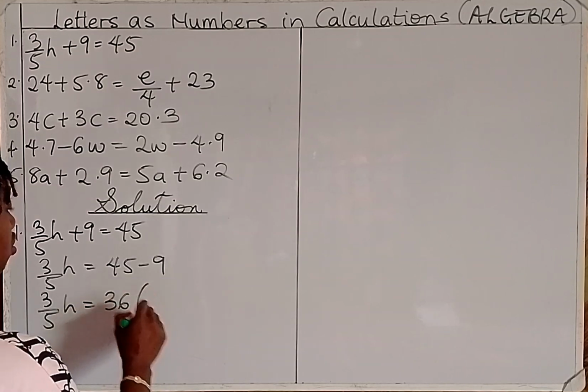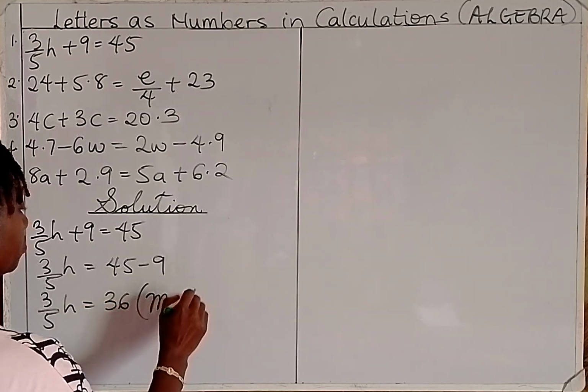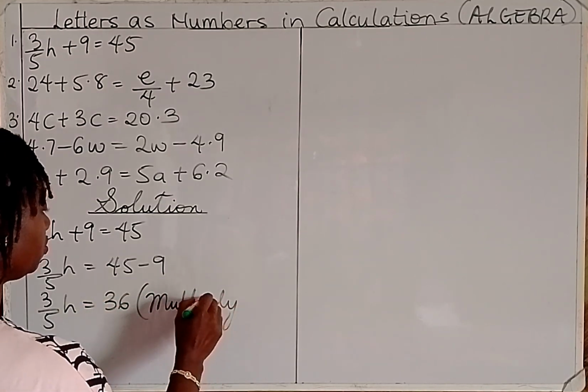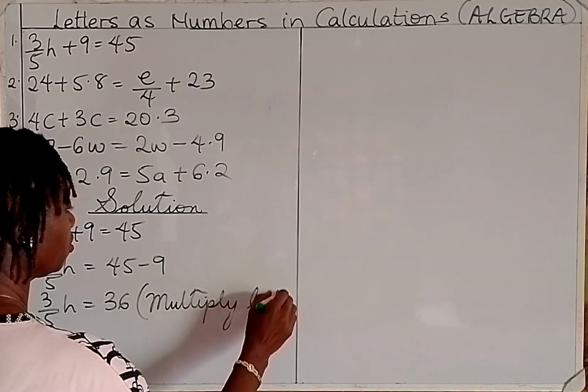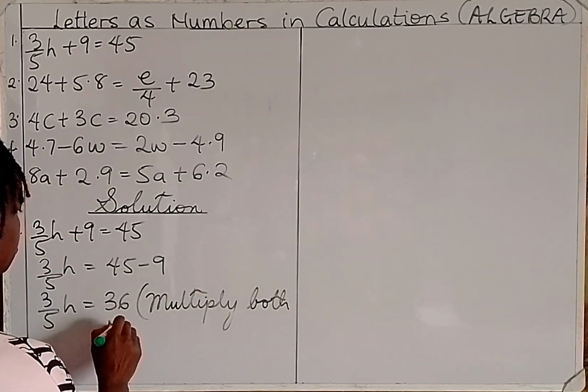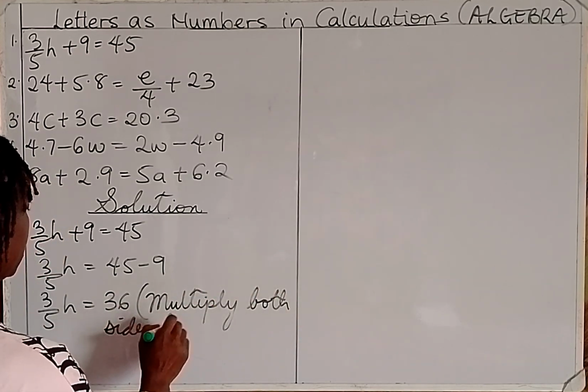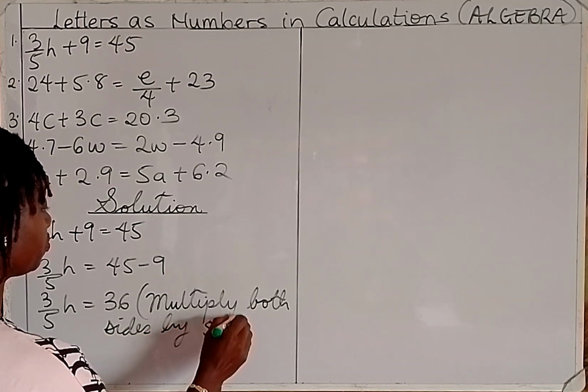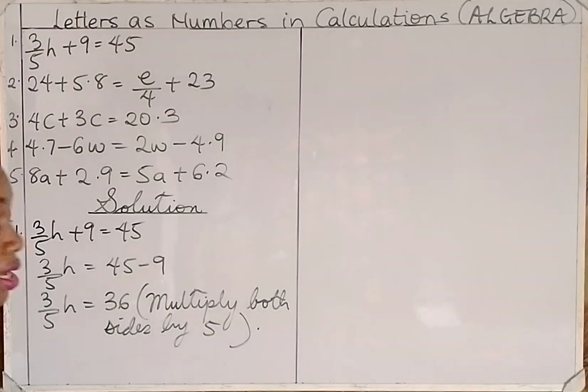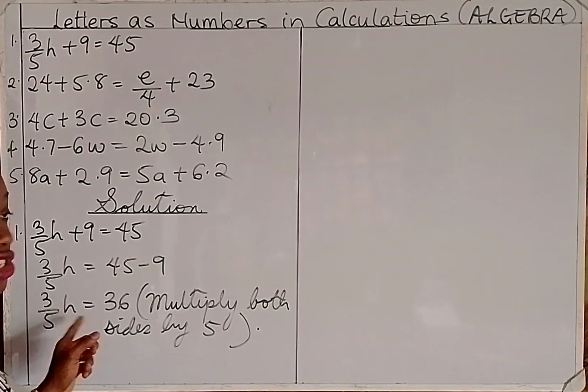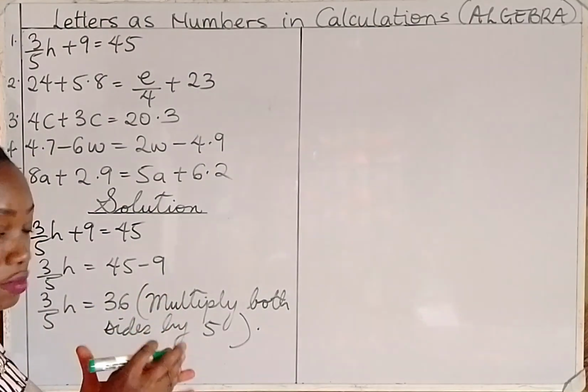From here, we are going to multiply both sides by what? By 5. Why are we doing this? So we can get the h and the coefficient of h together.